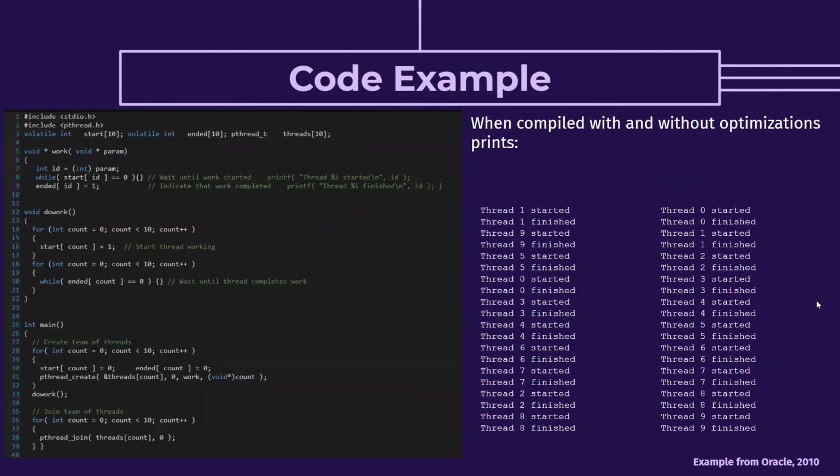Here is an example of some multi-threaded code. In this example, it's essentially just creating a bunch of threads, having them do something, and returning when each starts and when it finishes. This code was compiled 2 different ways, one way with optimizations and one way without. Typically, in a program that does not multi-thread, the output would be the same no matter the optimizations.